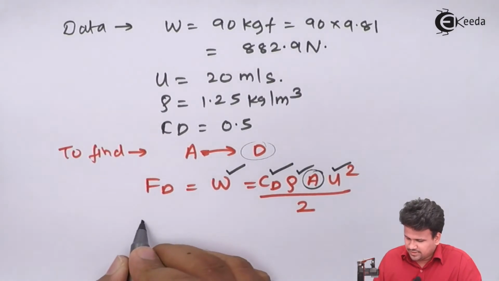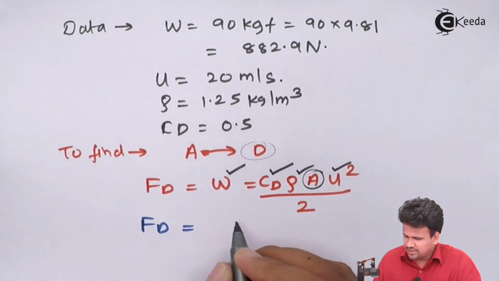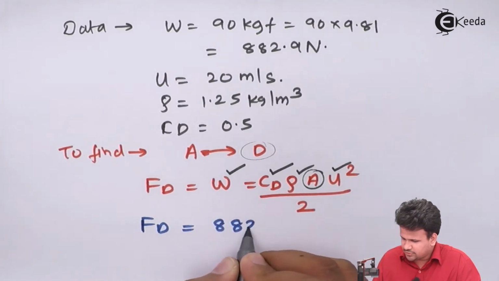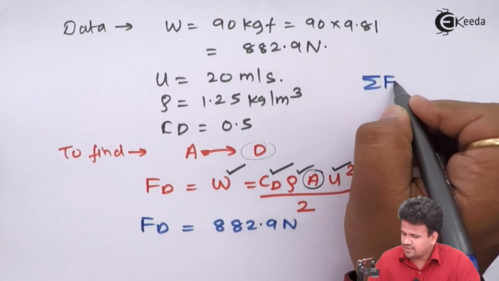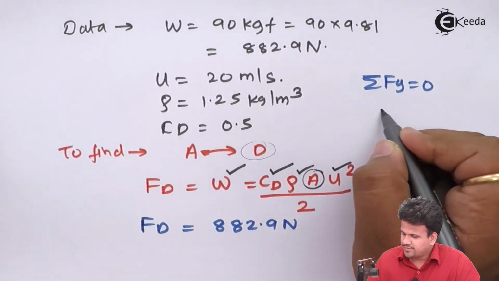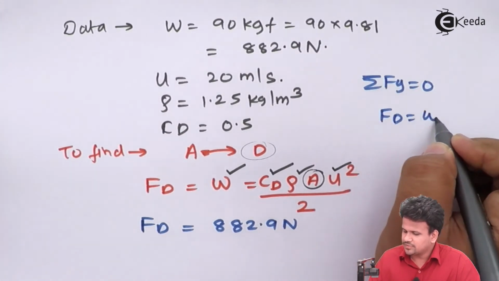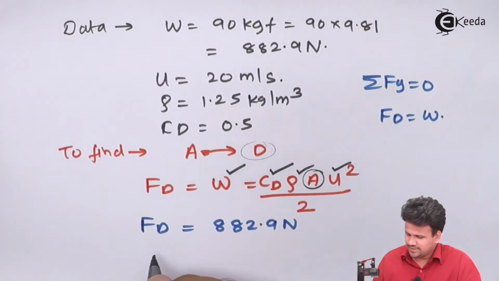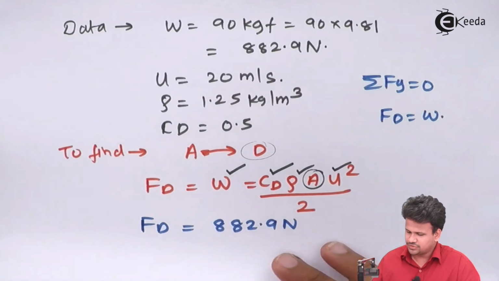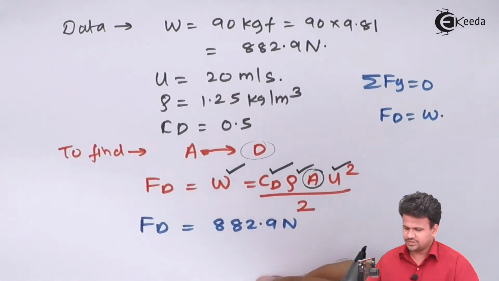The force due to drag will be equal to 882.9 Newton. Why? Because the summation of Fy is 0 and the force due to drag will be equal to the weight.